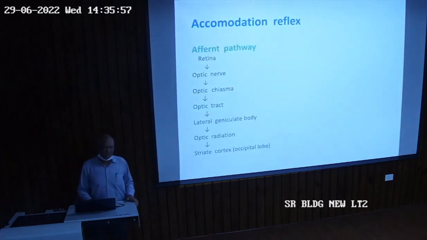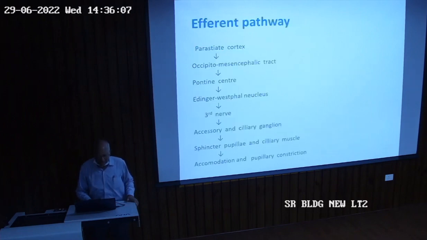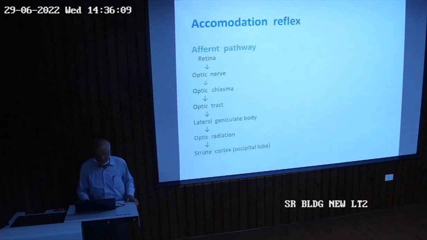Coming to the accommodation part. The afferent pathway goes through the retina, optic nerve, optic chiasma, optic tract, and lateral geniculate body. Here is the difference: in the light reflex, the pathway goes from the optic tract to the pretectal nucleus, giving the pupillary reaction.